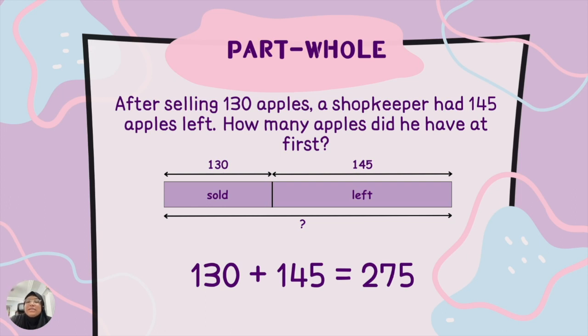The question is at first, therefore it has to be the entire model, so the question mark will be here. Once the kids are able to draw this and visualize what they are supposed to do, they realize that to find the entire thing, they will have to add. Therefore, they will come to the conclusion that for this question it is 130 plus 145.